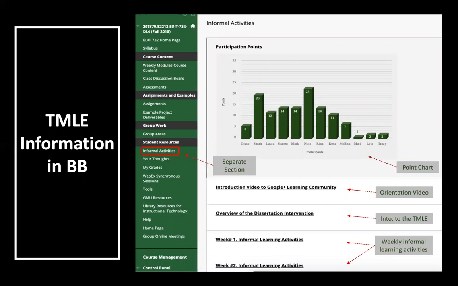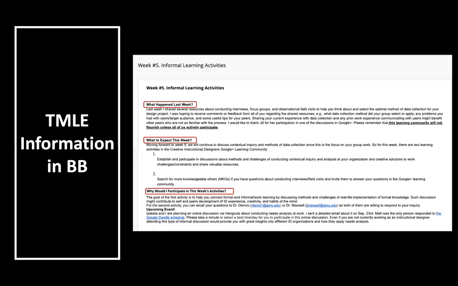But I mainly used this section to summarize the informal learning activities that happened in the online learning community, to describe the suggested informal learning activities for the following week, and to identify participation benefits as an incentive for the students.